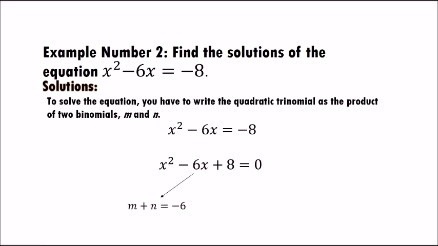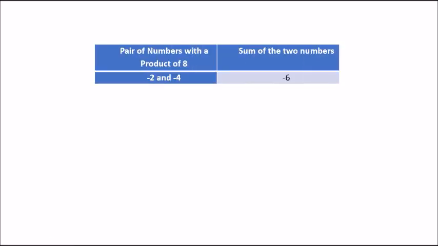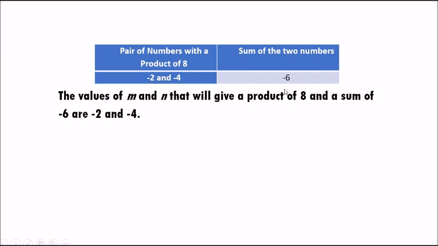So, m plus n, ang di nyo dapat kalimutan is equal to our second term, which is negative 6. At ang m times n is equal to our last term, or sa equation na to, that is equal to 8. So, think of a number na kapag pinag-multiply, the result is 8, at kapag pinag-add na natin, the result is negative 6. Ang numbers na yon are negative 2 and negative 4.